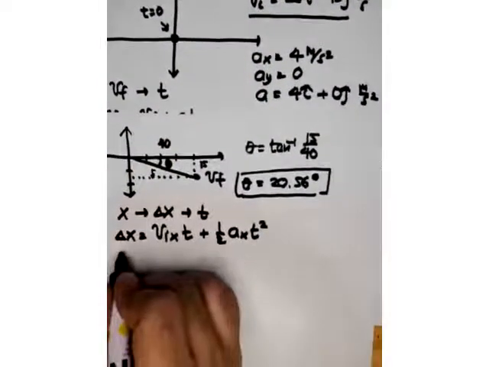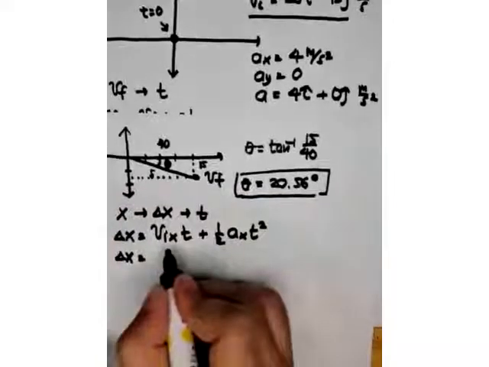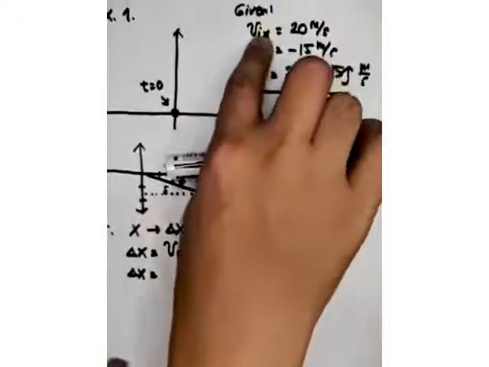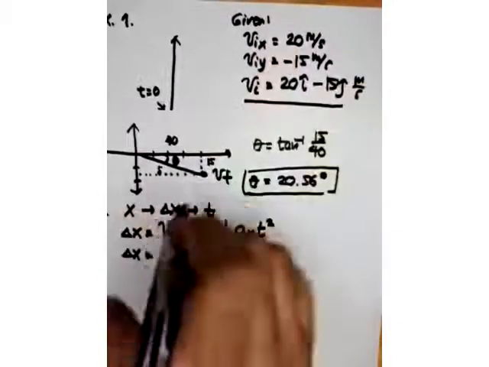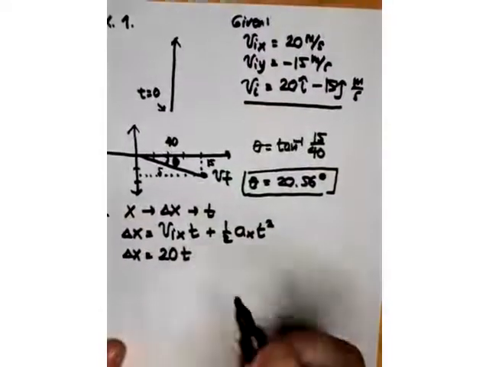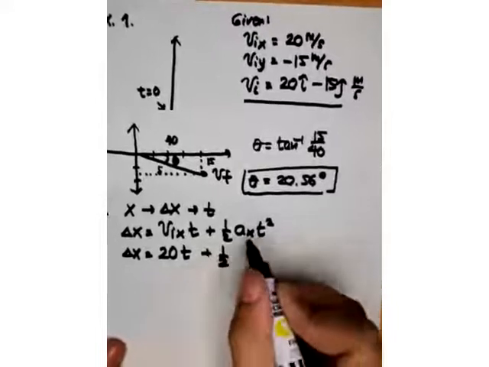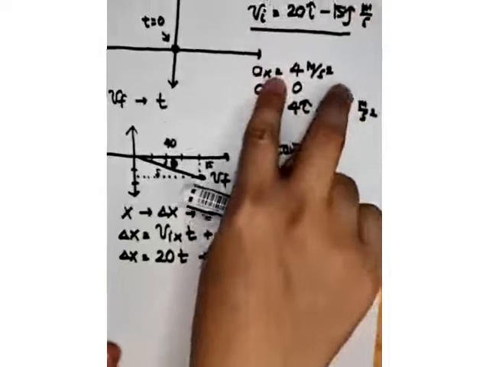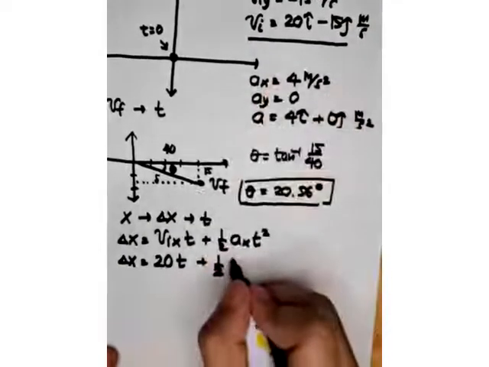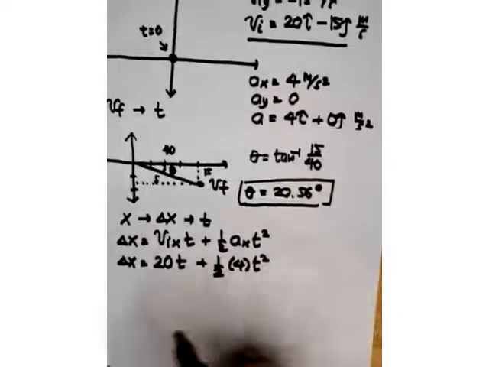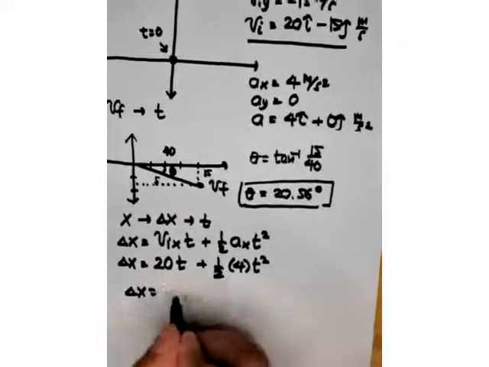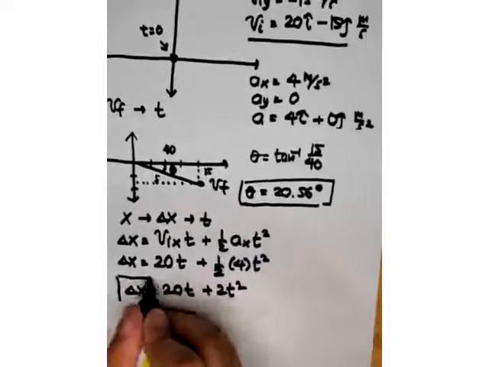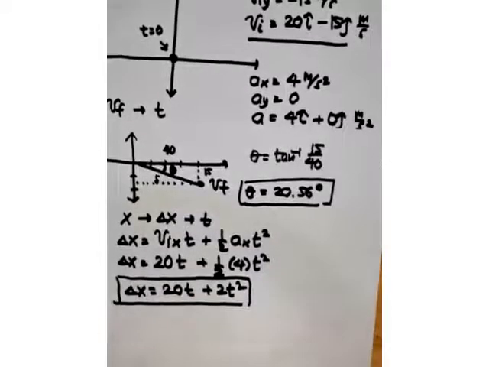Okay. So we're looking for delta x. What is VIX? VIX is the x component of the velocity, which is 20. So we'll write 20t plus 1/2. How about AX? Ang AX natin is the x component of the acceleration, which is 4 times t squared. So therefore, delta x is 20t plus 2t squared.